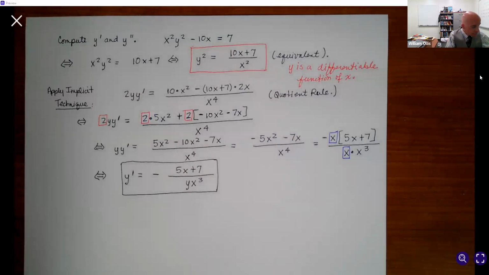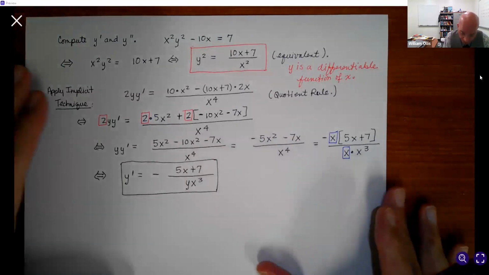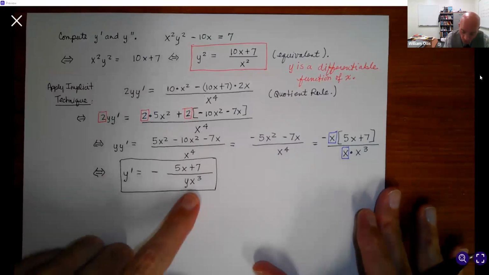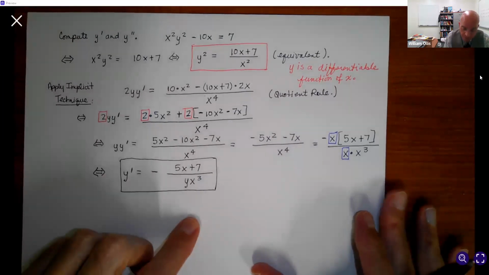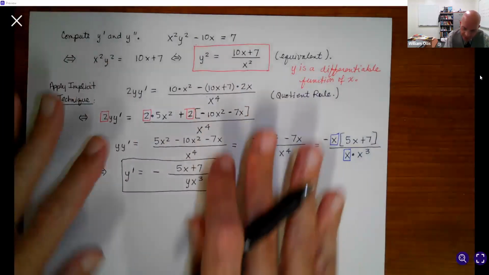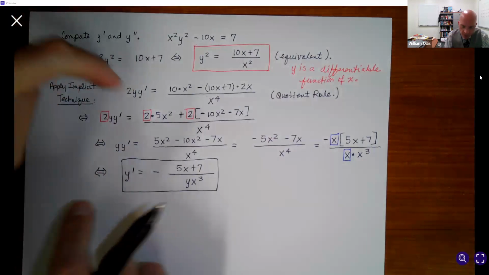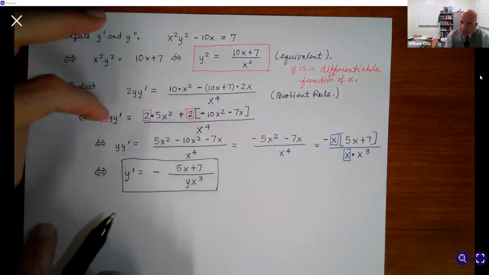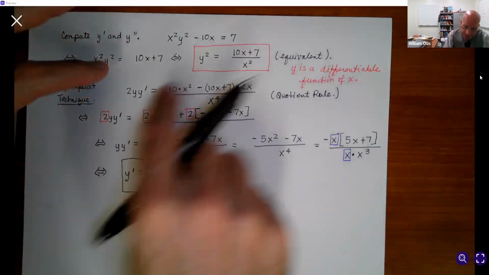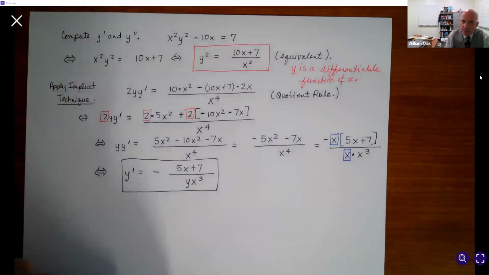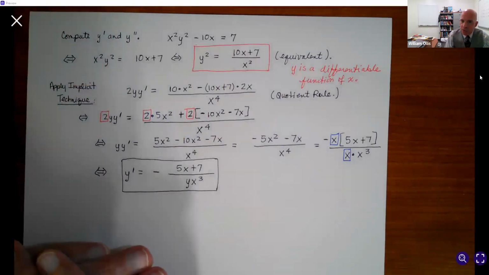Now, for the y prime or y double prime, we'll just apply the quotient rule again. But notice, again, this is set up just like the original. The only difference here is that we held off on dividing from the left-hand side until we cleaned up the right-hand side, getting rid of the additional factors and all.